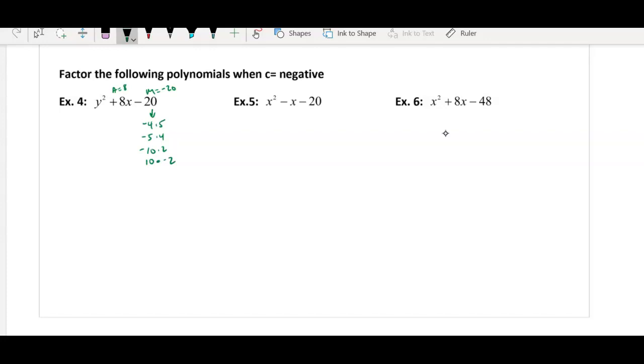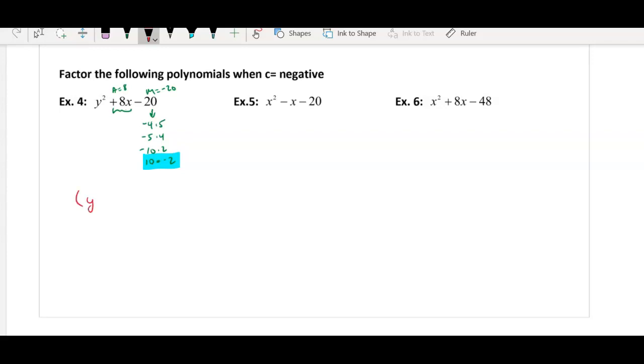So when I look at these, and there's 20 and negative 1 and so on, which one of these adds up to positive 8? The ones that add up to positive 8 in this case are going to be 10 and negative 2. So 10 times negative 2 gives you negative 20, and 10 plus negative 2 adds up to 8.